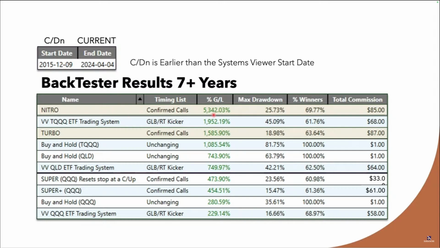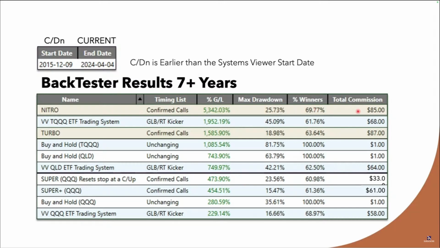So here's that huge gain with Nitro and about a 25% maximum drawdown along the way. And pretty amazingly, it had almost 70% winners. I think anytime you can get much over 50%, you're typically doing pretty well in my estimation.